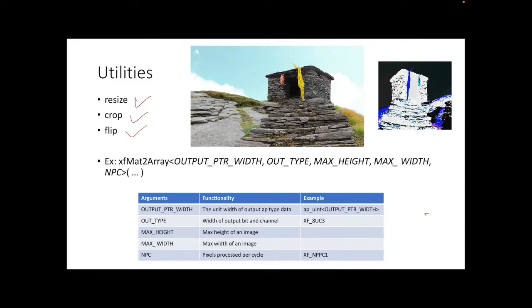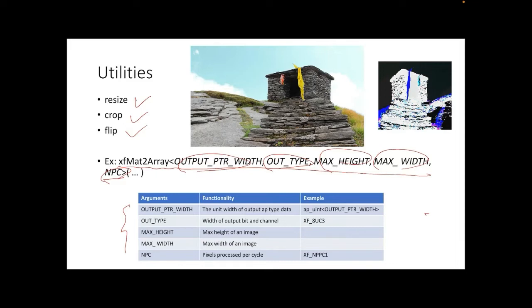And all the functions in the Vitis Vision library share a similar template. For example, the template is in this form. They often share some common template arguments, and we summarize the most frequently appearing template arguments here.